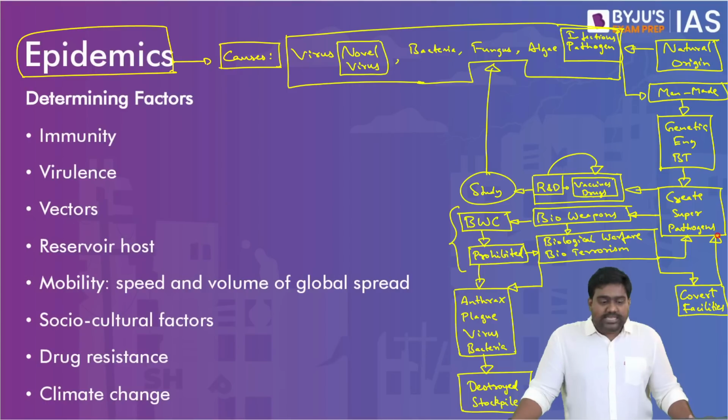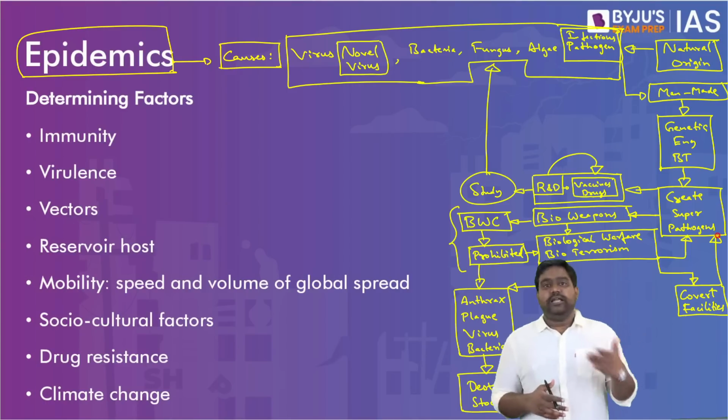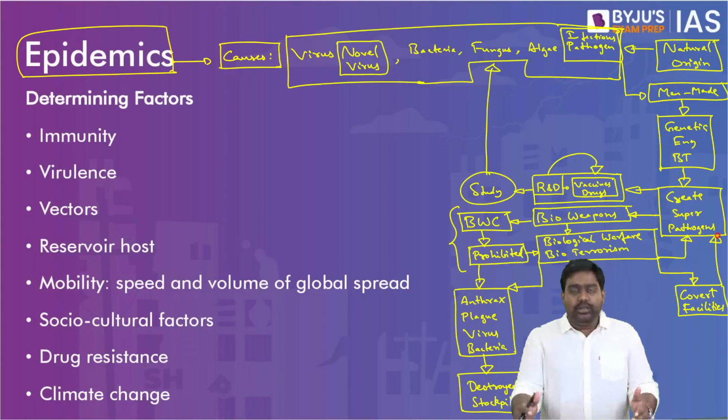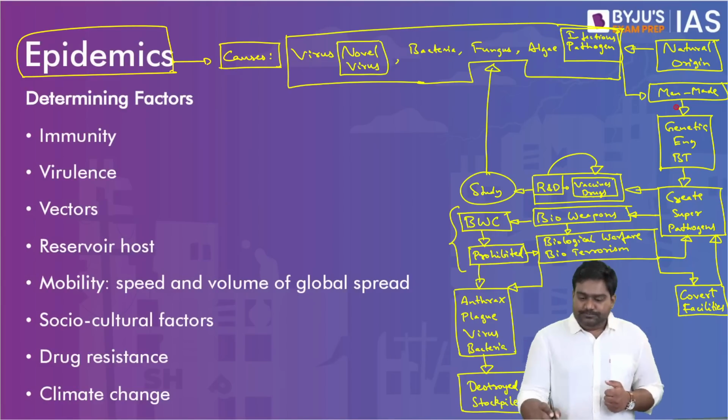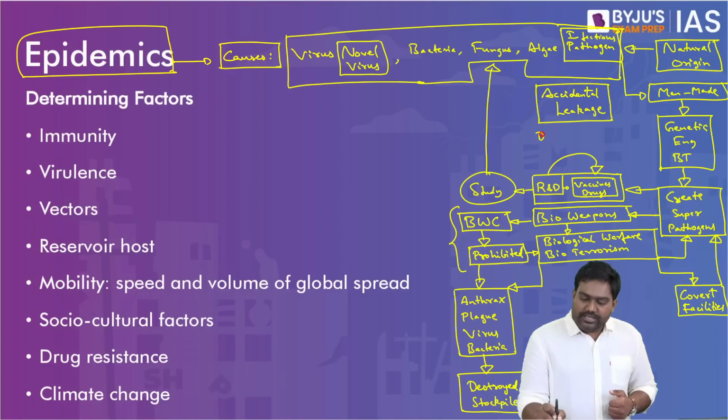Understood? These are the different causes of epidemics and pandemics: natural and possible man-made causes. Now, the man-made pathogens might accidentally leak. There could be an accidental leakage in a lab, or there could be a deliberate sabotage in order to release a pathogen.